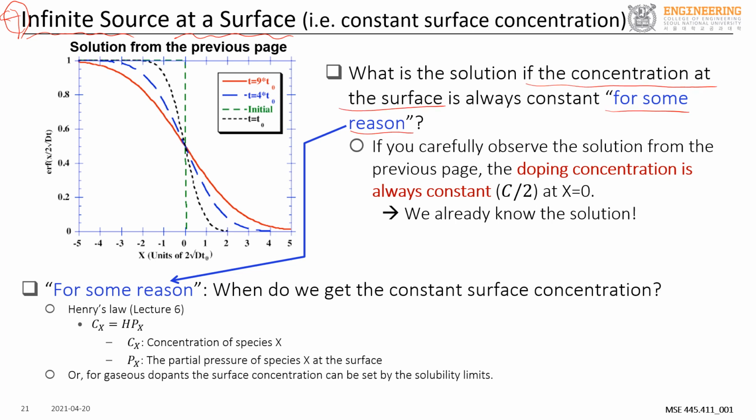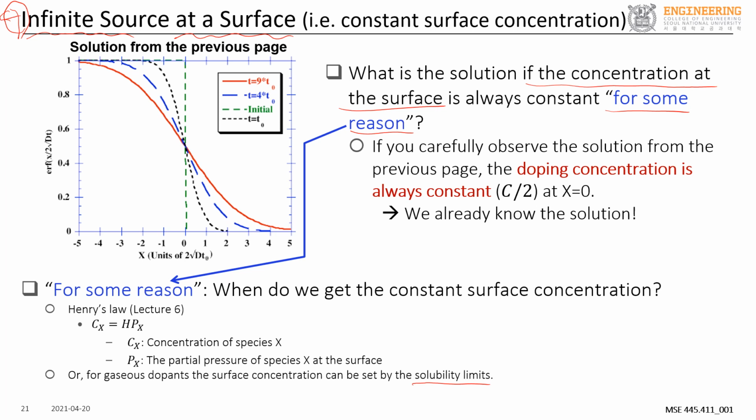If you remember the solid and gas phase diffusion, we basically have an infinite source in the air or in the solid because it has really high concentration of dopants. So the concentration at the surface will be maintained at the solubility limit. If you wait long enough, they will reach the solubility limit, but it will never go higher than that.